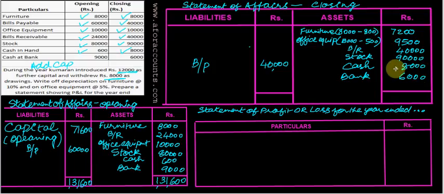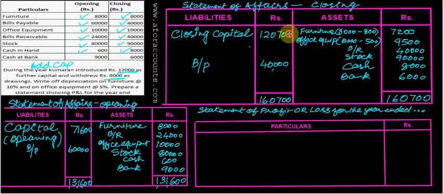This is all. Okay, the total is 160,700. So the balancing figure will be my closing capital. And how much is it? The closing capital is 120,700. This is my balancing figure.